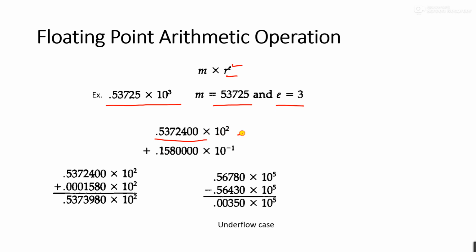Okay, so suppose now we have two numbers, 0.5372400 into 10 raised to the power 2 and 0.158000 into 10 raised to the power minus 1. So how will we add these two numbers?